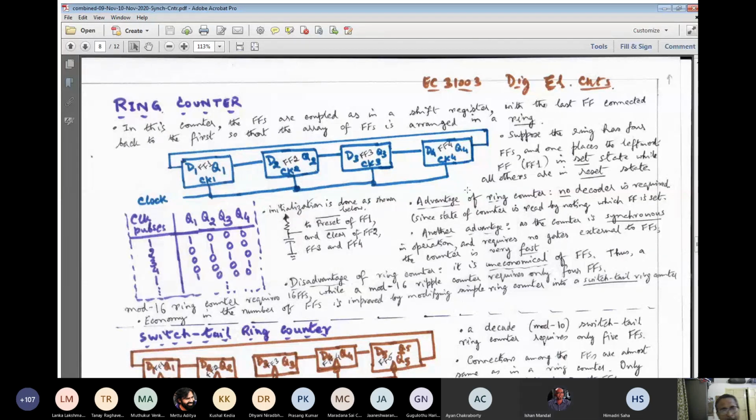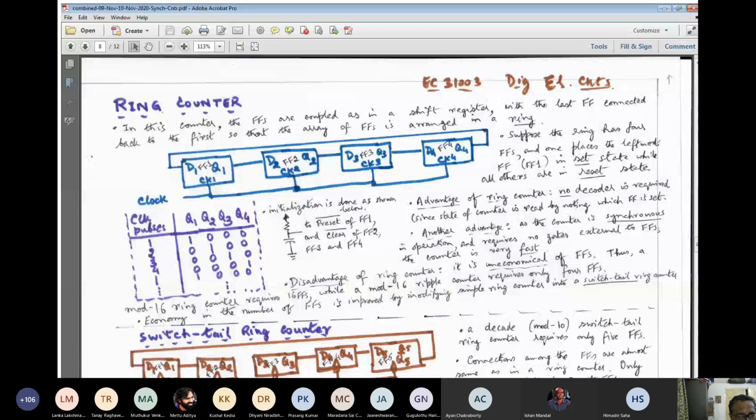So reading of the ring counter is of huge ease, very easy. That is the prime advantage of the ring counter. No decoder is required. The decoding logic is absolutely simple, as the counter is read by noting which flip-flop is set.